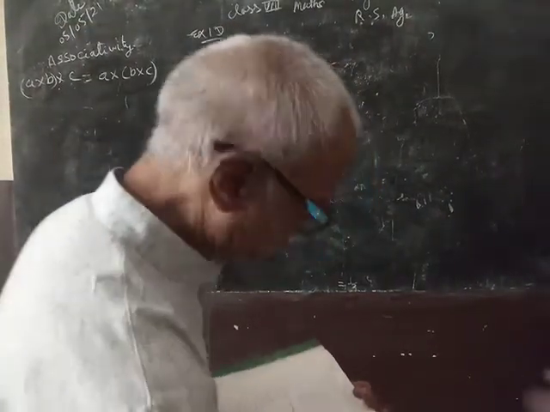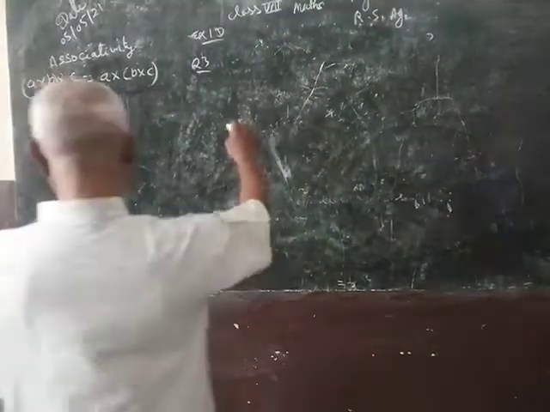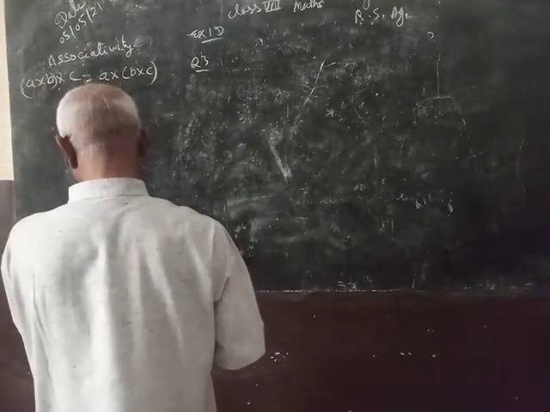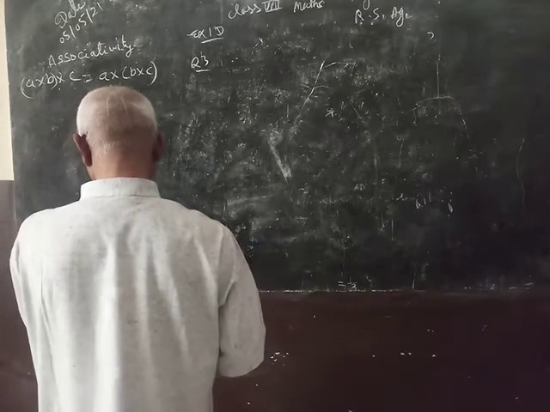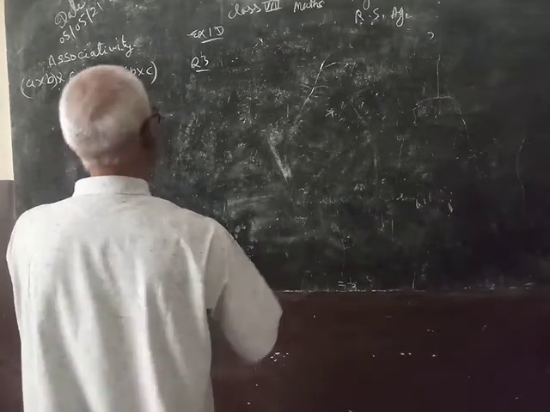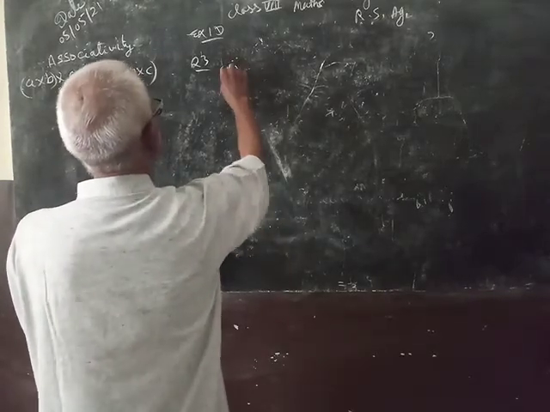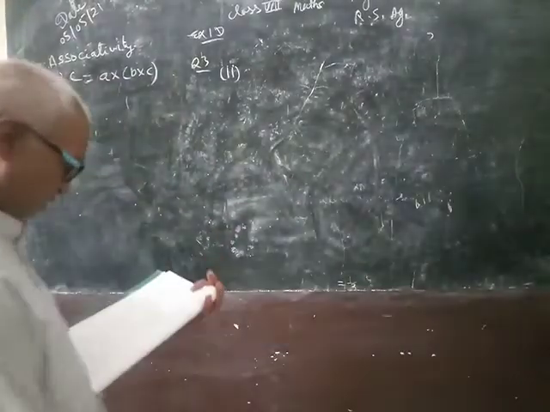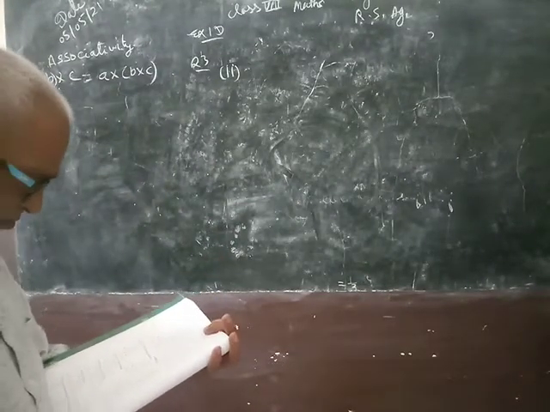It is the associative property. Which part should I do? First, second, whichever you like. In the first all are positive. In the second, 3 parts are given. I am doing the second one because here signs will also be in consideration.